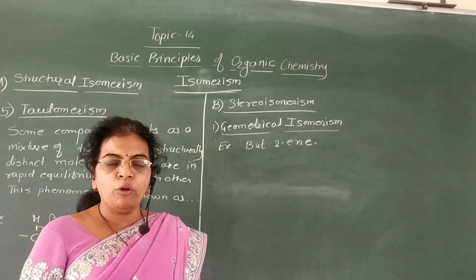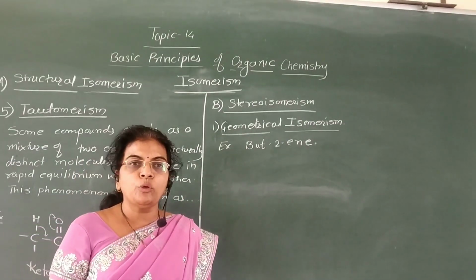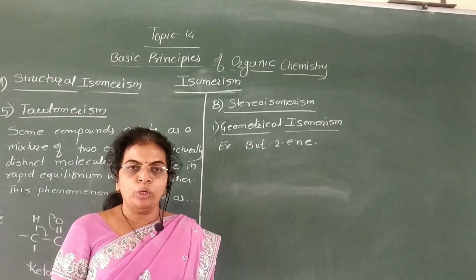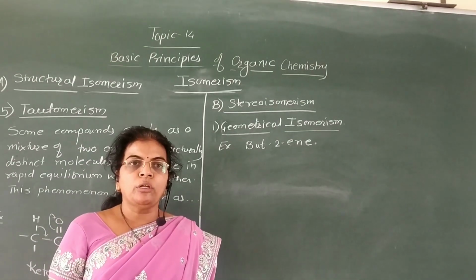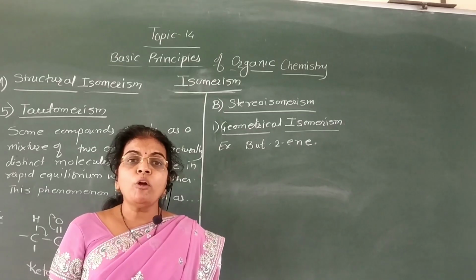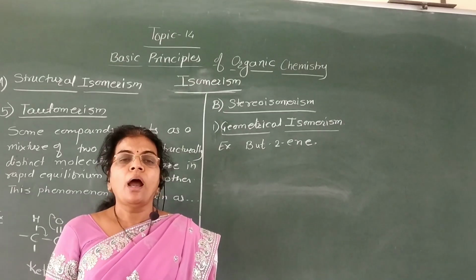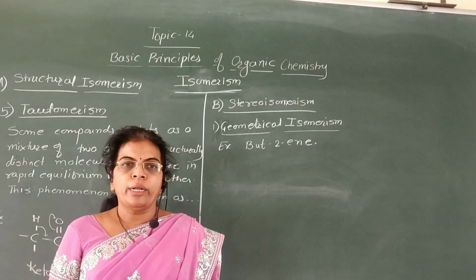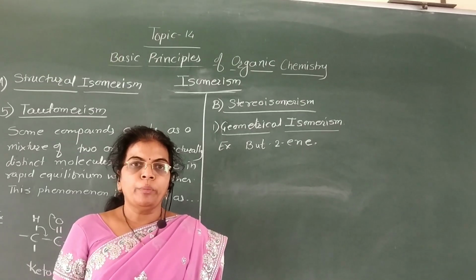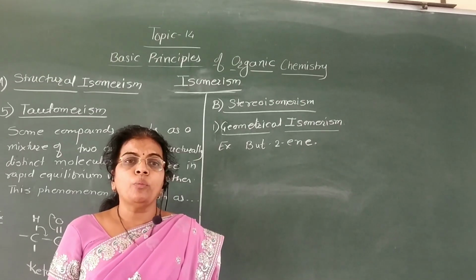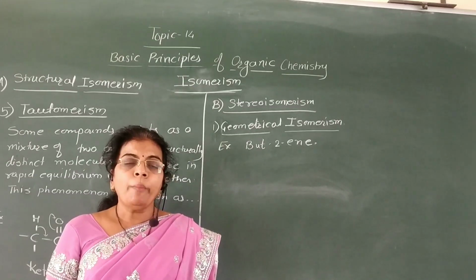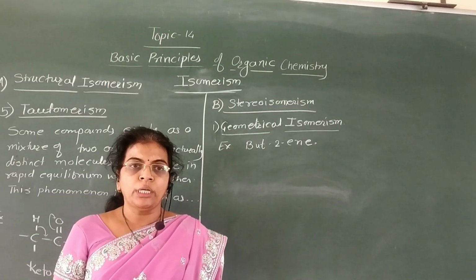Now in case of stereoisomerism or geometrical isomerism, compounds have the same molecular formula, same structural formula, but the arrangement of atoms in space is different. It is called stereoisomerism. In geometrical isomerism, the geometry of the isomers is different.